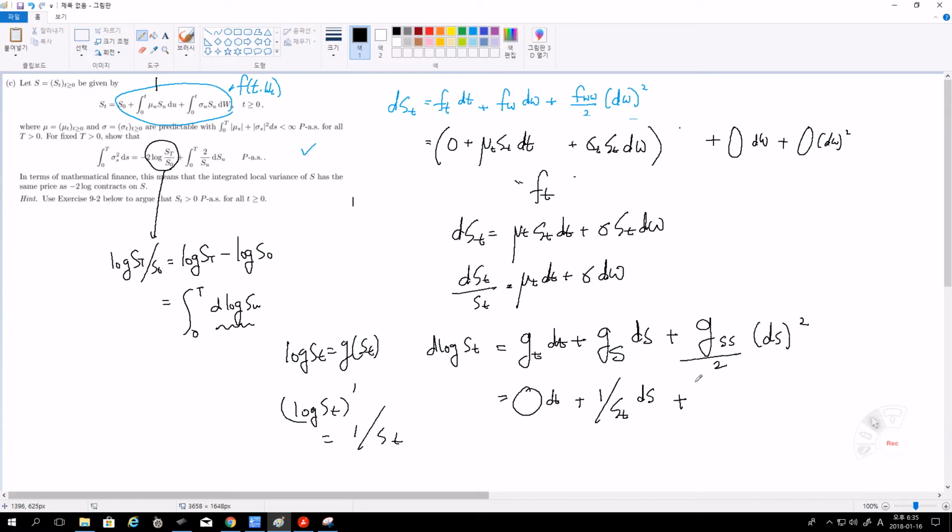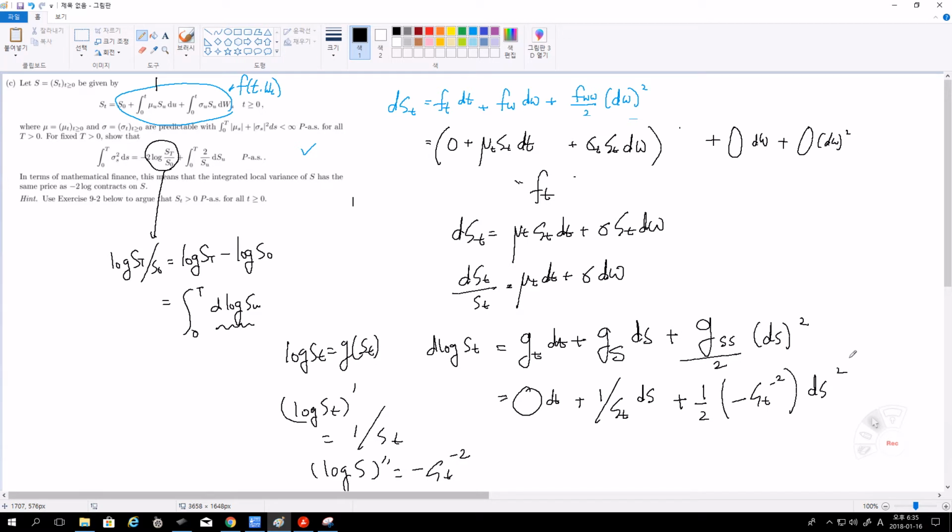And if we take the derivative again, then it is the second derivative, which is minus 1 over S_t squared. So this is 1 over 2 and then minus S_t to the minus 2 and dS squared.